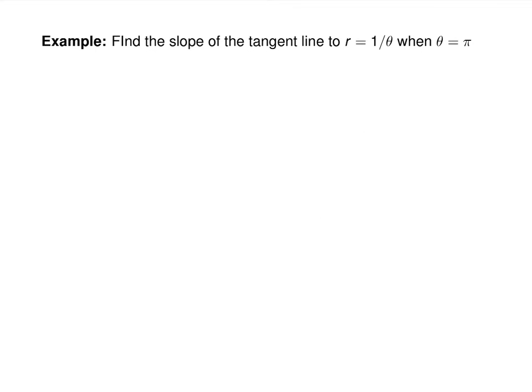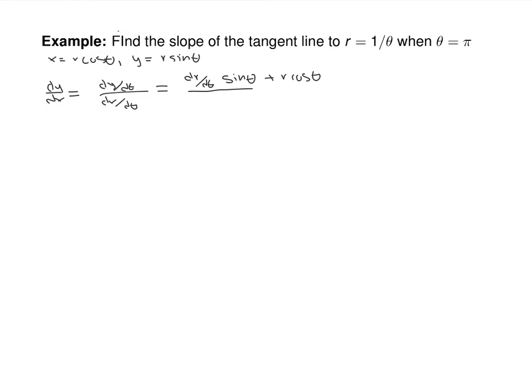All right, let's find the slope of the tangent line to r = 1/theta when theta is pi. So once again, we have x = r cos theta, y = r sin theta, and to find dy/dx, we find (dy/d theta) over (dx/d theta), and dy/d theta is dr/d theta sine theta plus r cosine theta over dr/d theta cosine theta minus r sine theta.